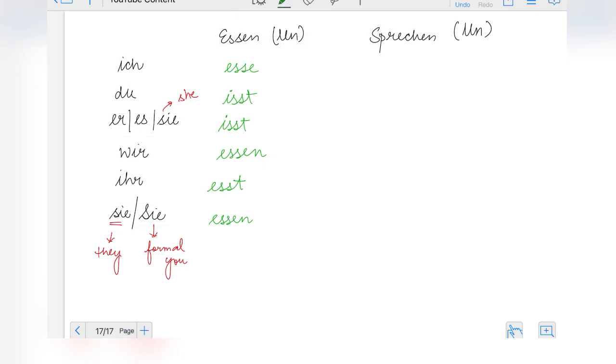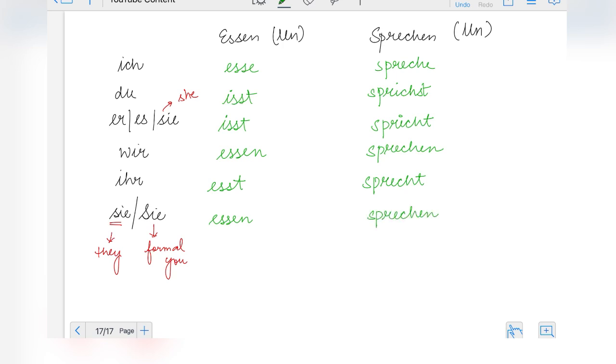For sprechen, ich spreche, du sprichst, er, sie spricht, wir sprechen, ihr sprecht, sie sprechen. So here you can clearly notice that for du, er, sie, we are changing e to i.